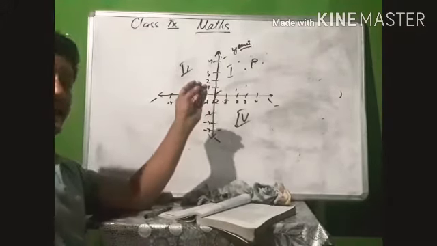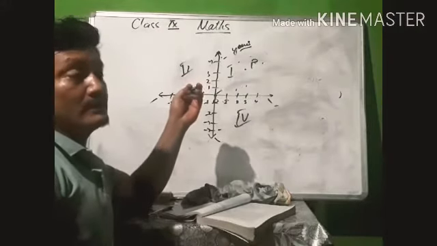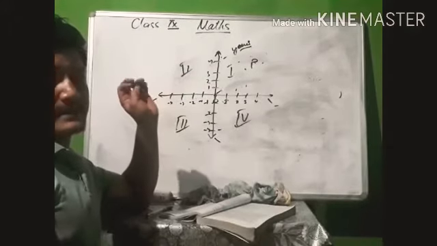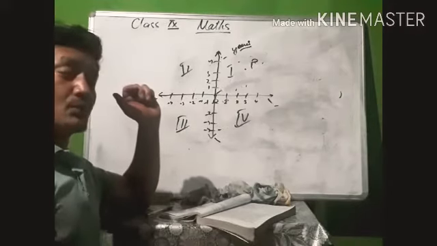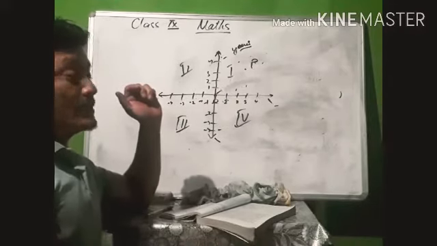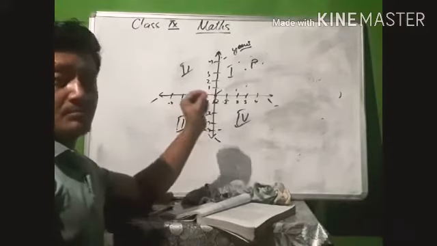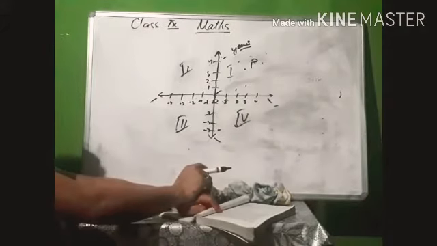That accuracy is done with the help of the coordinates of x-axis and y-axis. Unless you know the coordinates of x and y, you will not be able to give the accurate position of this point. So how will you find the coordinates of x-axis and y-axis?